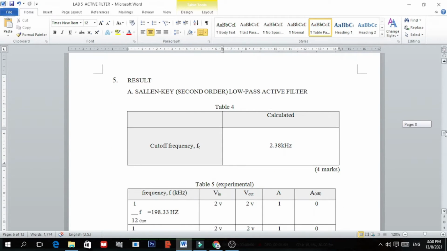First of all, this is the result for the active low pass filter, Sallen-Key, and the value has been calculated through the formula 1 over 2 pi square root of R1 times R2 times C1 times C2. So I got 2.38 kilohertz.